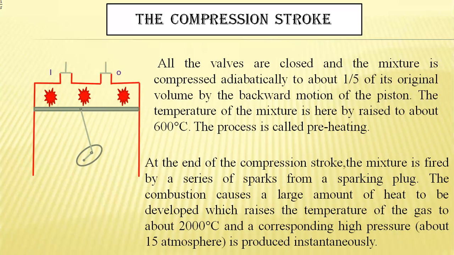Therefore, here the temperature rises up to 2000 degrees Celsius and the pressure is around 15 atmospheres. Remember here the combustion takes place at constant volume. That is, the working substance or the fuel absorbs the heat at constant volume. That's why the Otto engine works at constant volume here.